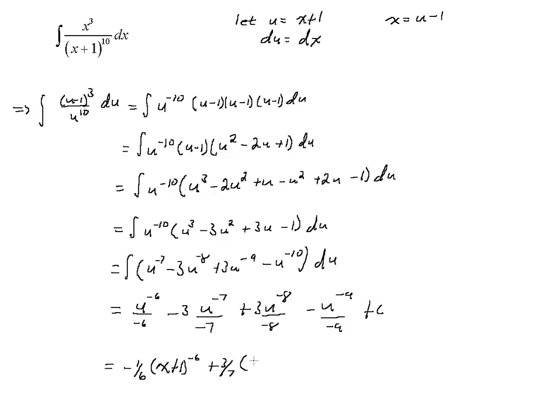And then 3 over negative 8 is negative 3 over 8 times u to the negative 8, where u is x plus 1. And then negative 1 over negative 9 is positive 1 over 9, and then u to the negative 9th is x plus 1 to the negative 9th, plus c.